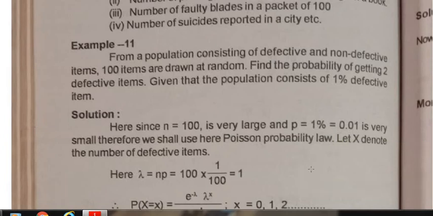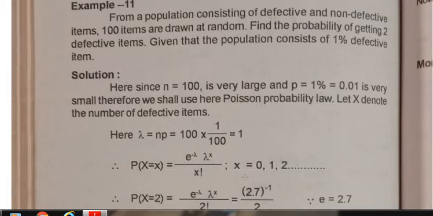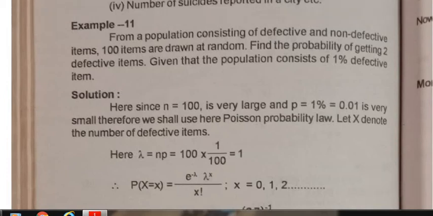In case of Poisson distribution, lambda equals np. Therefore, lambda will be 1. And by the definition of Poisson distribution, we get P(X = x) equals e to the power minus lambda into lambda to the power x divided by x factorial. Here X denotes the number of defective items, and we have to find the probability of getting 2 defective items.